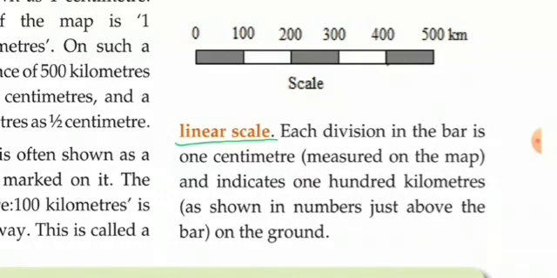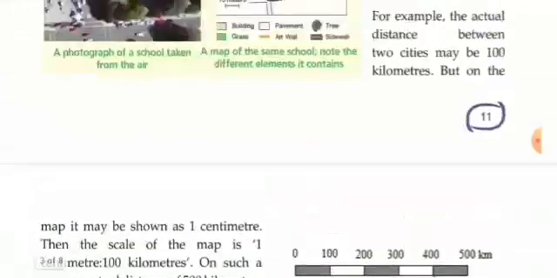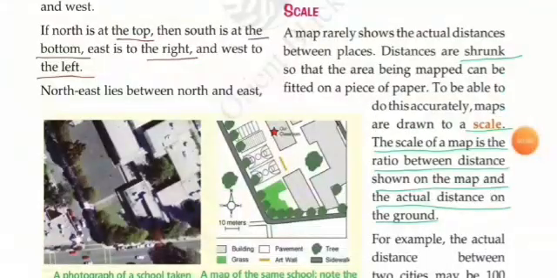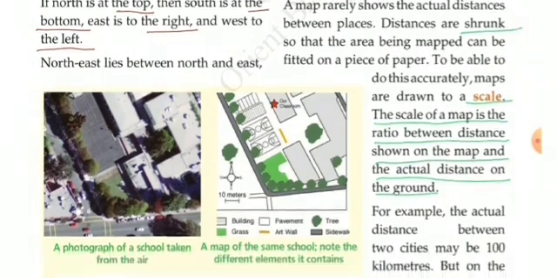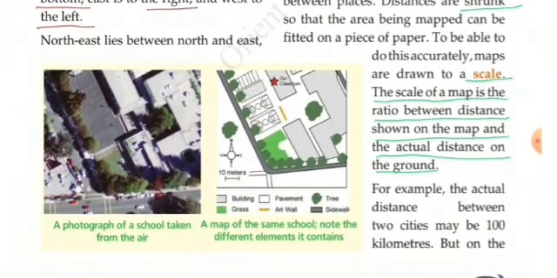A map rarely shows the actual distance between places. Children, do you know the scale of a map? The scale of a map is the ratio between distance shown on the map and the actual distance on the ground. For example, the actual distance between two areas may be 100 kilometers, but on the map it is shown as 1 centimeter.